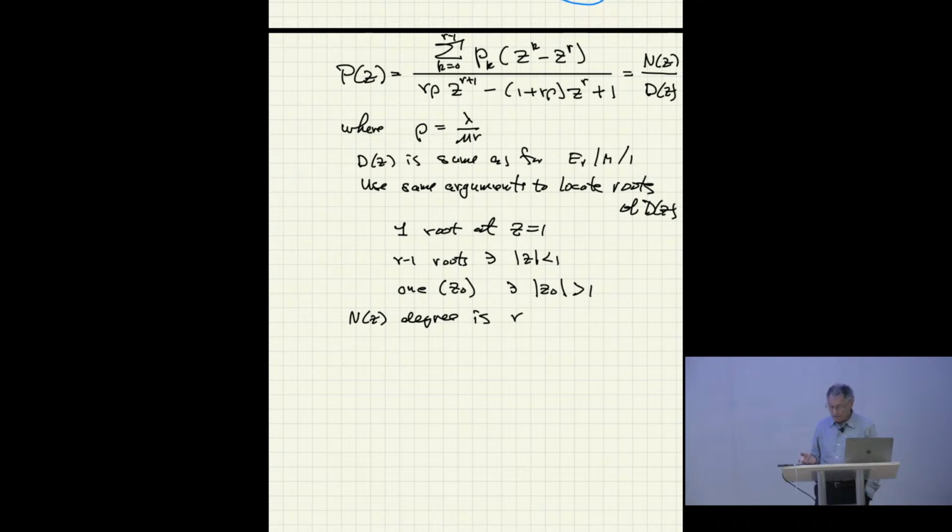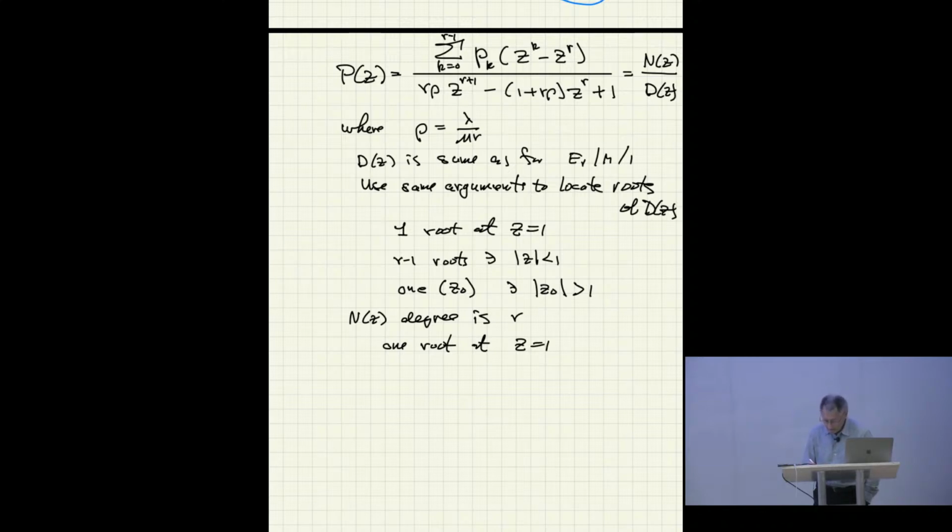By inspection, do you see an obvious root of the numerator? It's always there. Z equals 1. Z equals 1, numerator goes to 0, okay? So let's say that. One root at z equals 1.